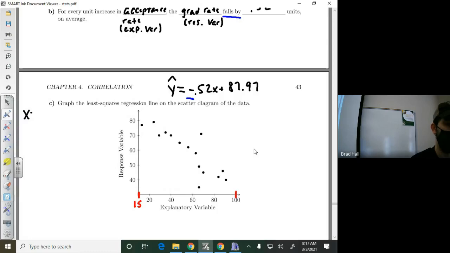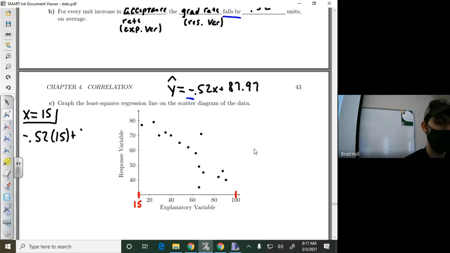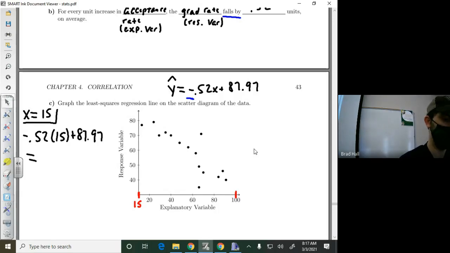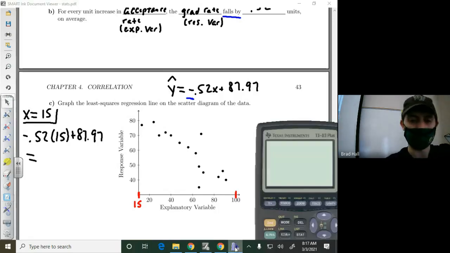So I'm going to do when x is 15, which very simply means I'm going to plug x into that formula we found. So x now becomes 15. And this is us trying to establish 2 points for which the regression line will go through. So this is going to be one of the points.